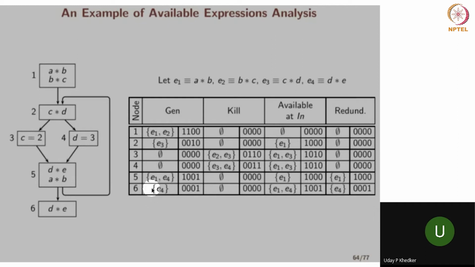Basic block 6 generates the availability of E4, and it does not kill the availability of any expression. Okay, so these are the gen and kill sets for available expressions analysis.